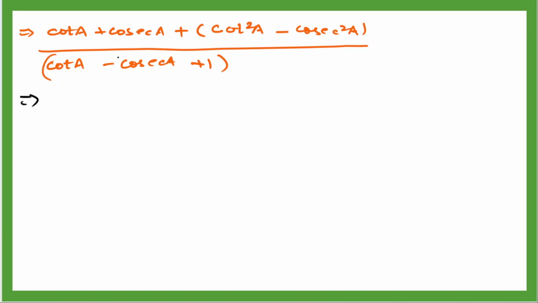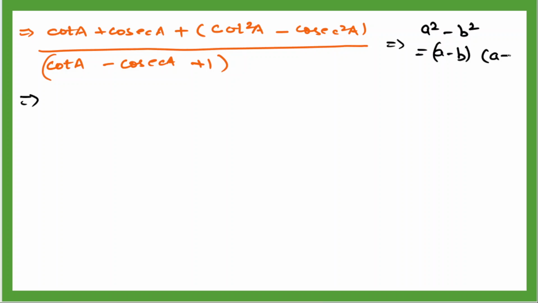We know that cot square A minus cosec square A we can write as (cot A plus cosec A)(cot A minus cosec A), because this forms A square minus B square, which equals (A minus B)(A plus B).